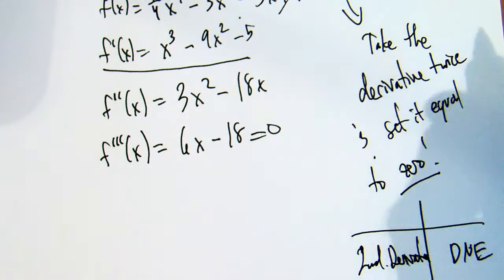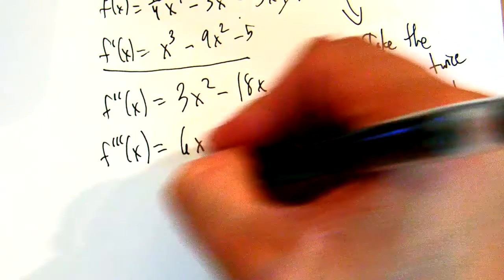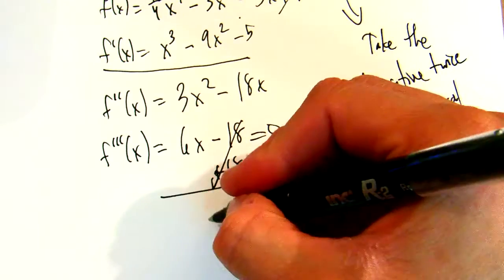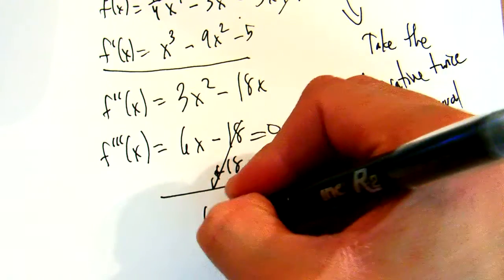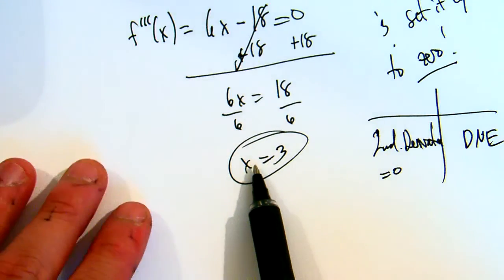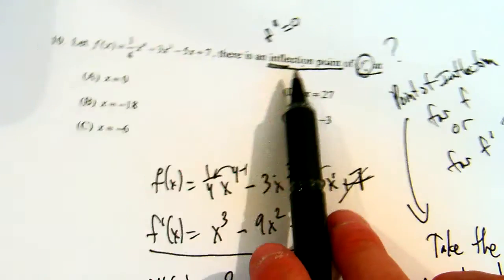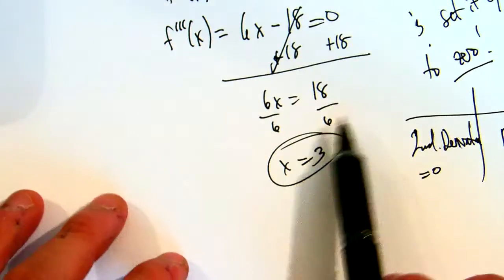So I just solve this, and it's like algebra 1 again. Hooray. So 6x is 18, divided by 6, so x is 3 here. This is the x value for which f prime has a point of inflection. So the real answer is 3.